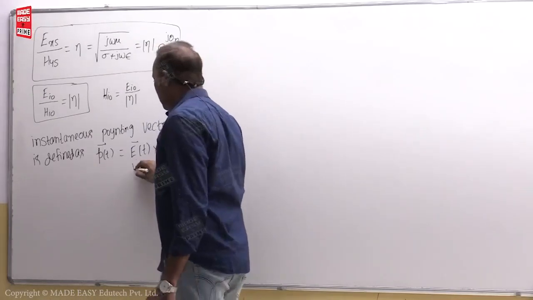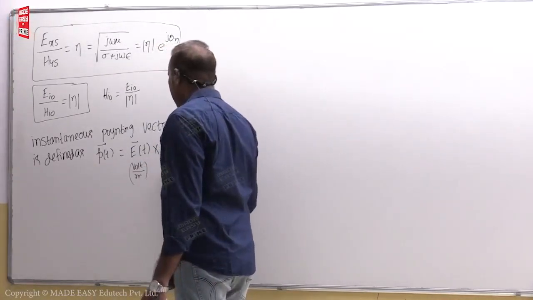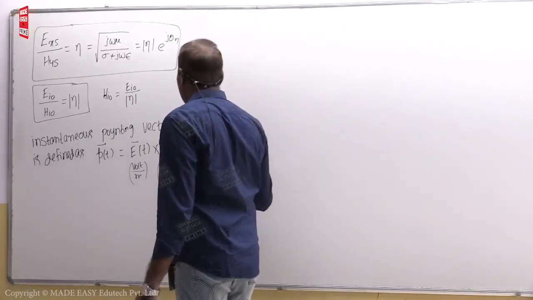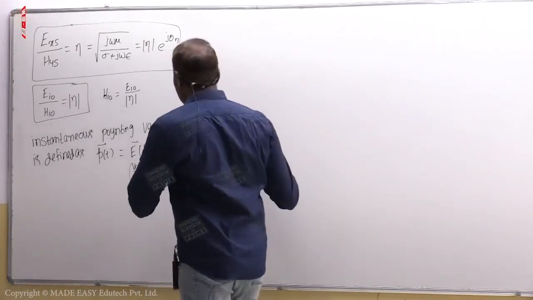This is volt per meter and this is ampere per meter, and ultimately you get the unit watt per meter square.